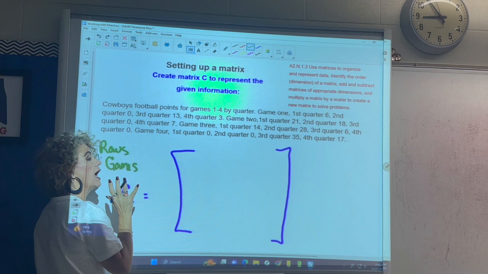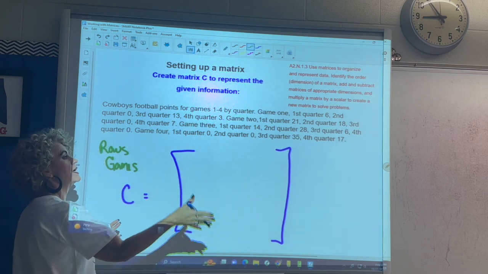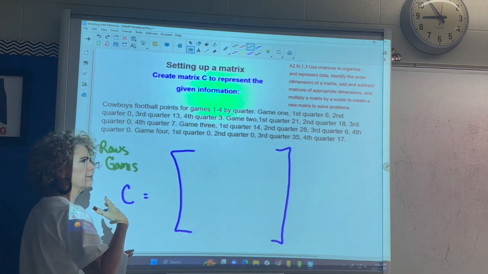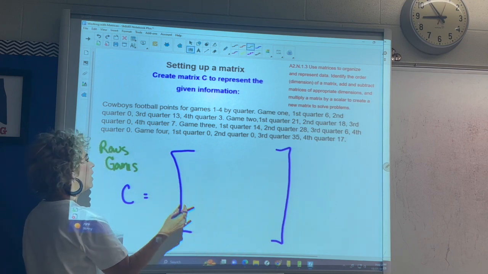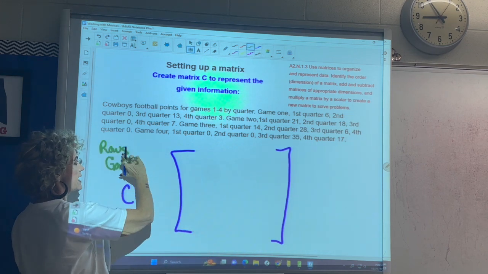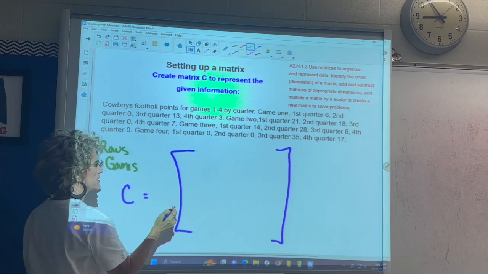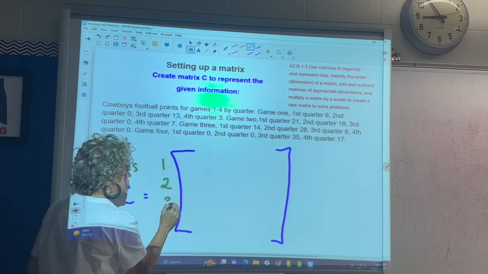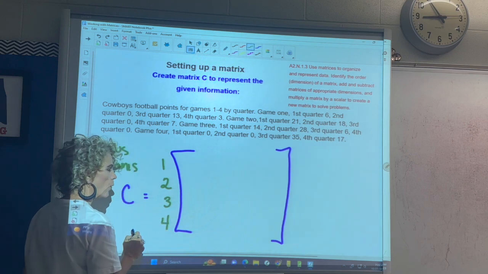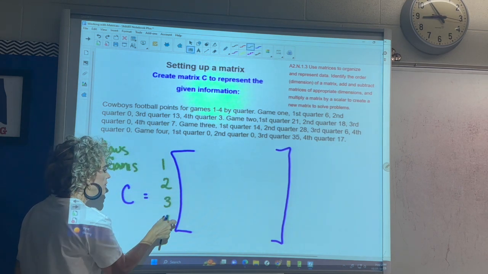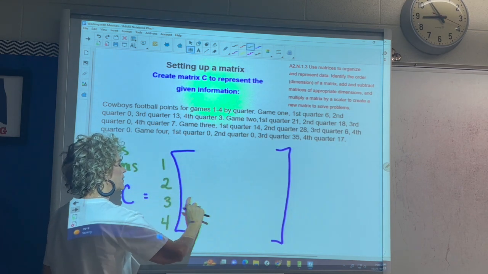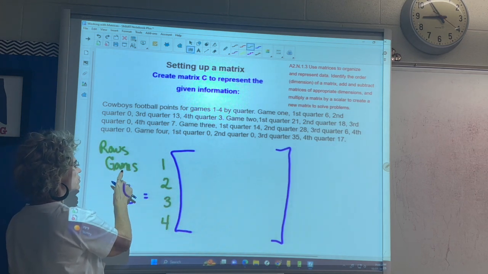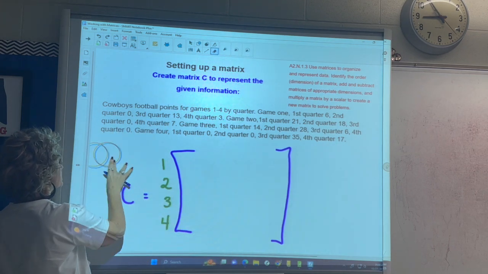And I would not do this if I'm giving an answer on a piece of paper. I'm giving this right here for explanatory purposes. So this is row 1, this is row 2, this is row 3, this is row 4, okay? All of these rows represent my games. Rows represent games.